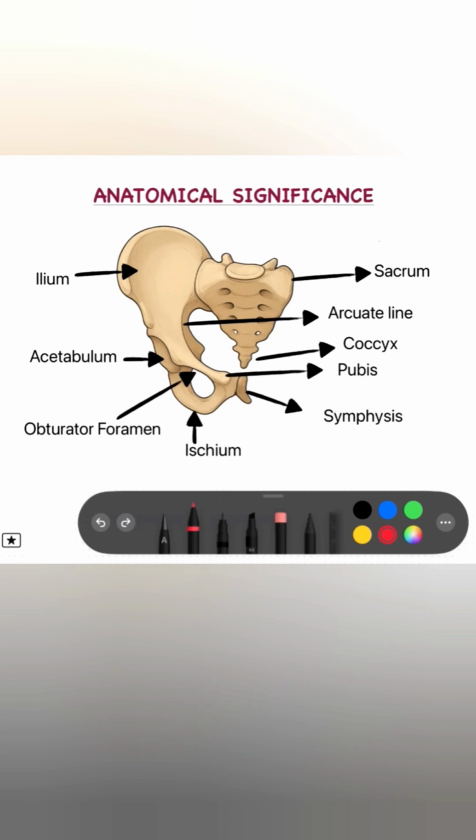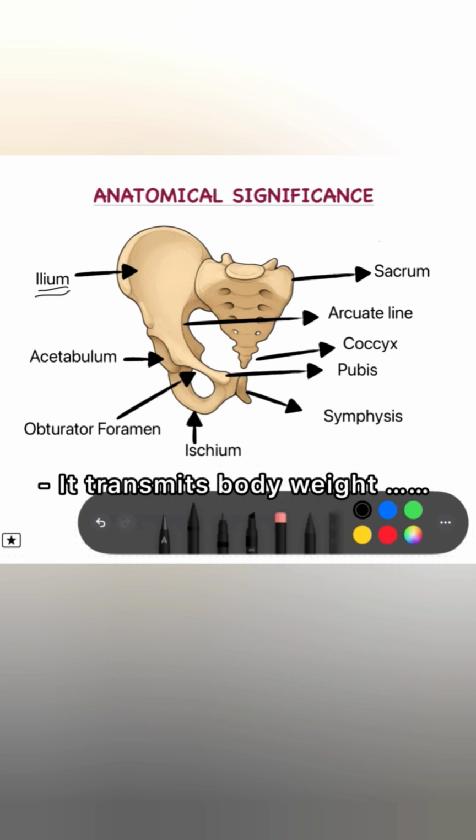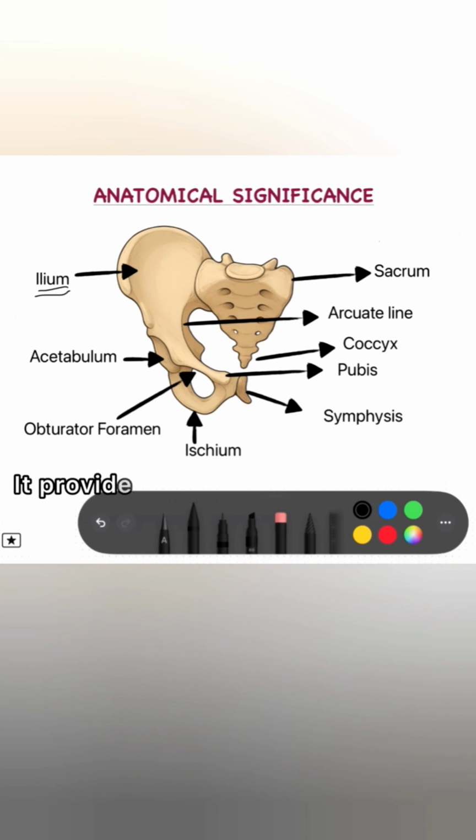Thank you. In this lesson, we are going to look at the anatomical significance of the pelvic girdle. We shall begin with the ilium. We have underlined it. The ilium is the largest part of the hip bone. It transmits body weight from the spine to the legs via the sacroiliac joint, and it also provides a surface for attachment of muscles, like posteriorly where the gluteal muscles attach.